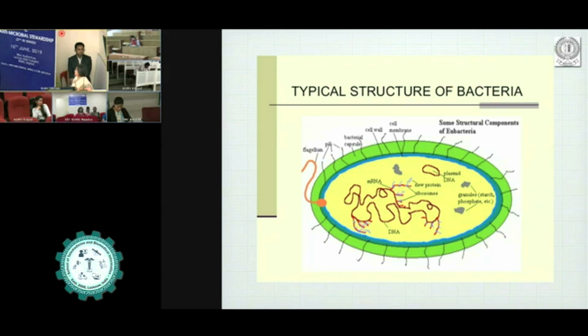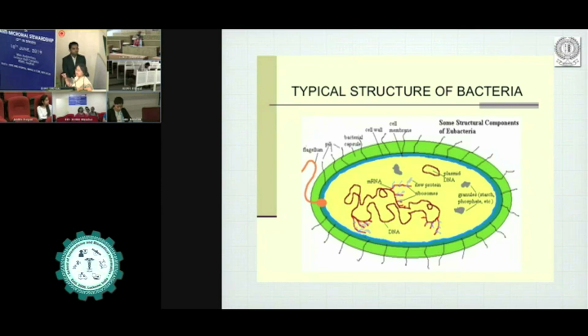And then the nuclear material in case of this bacteria, it doesn't have a proper nucleus. What we have is a coil of DNA material, which does not have a membrane, and this is termed as nucleoids.